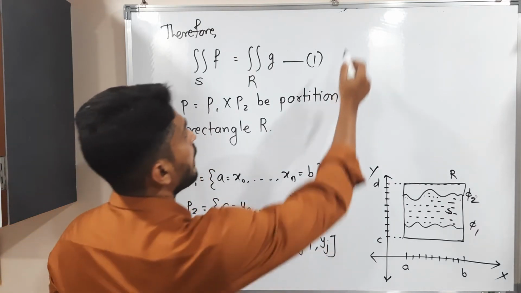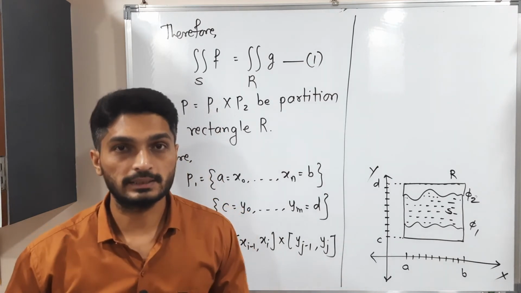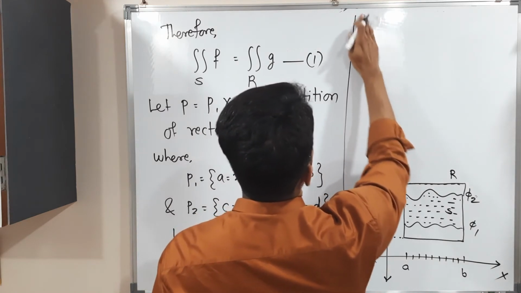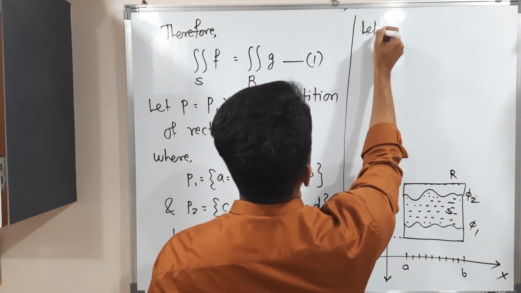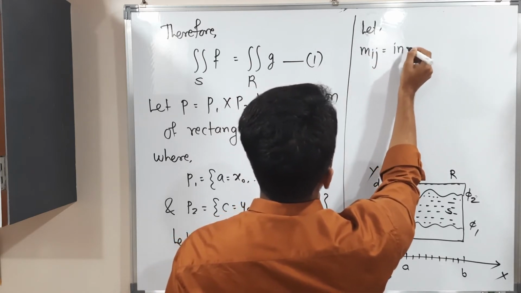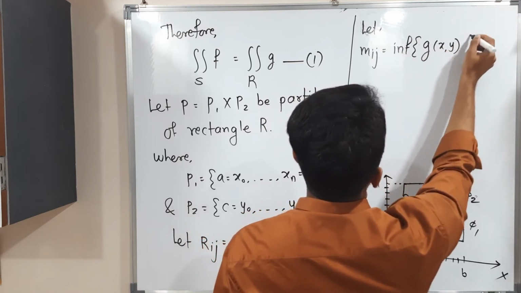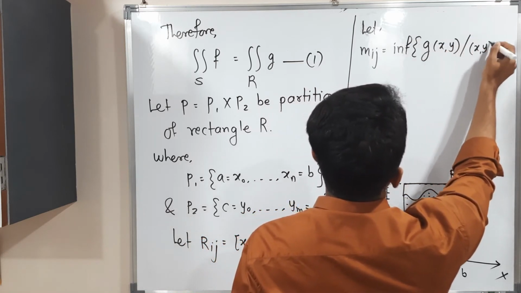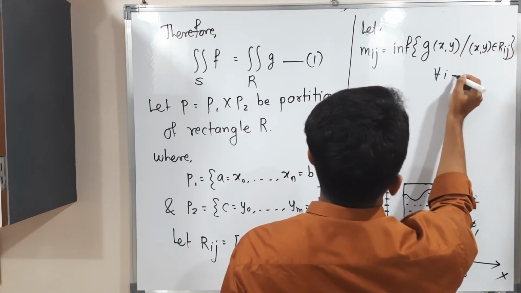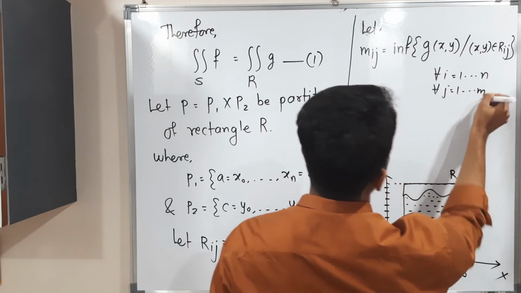Okay, after that I am going to consider small mij. Let small mij, you know the definition, be the infimum of g of xy, where xy belongs to Rij, and this is true for all i running from 1 to n and all j running from 1 to m.